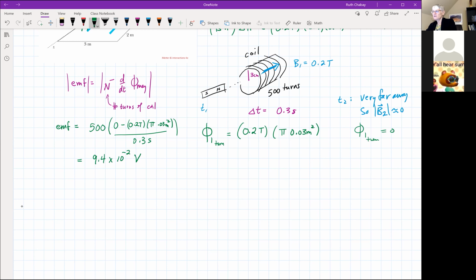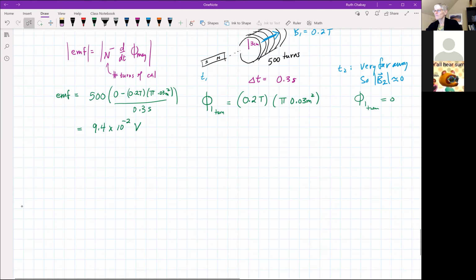Now, presumably, we could actually calculate the electric field in this wire, because this is the integral of E dot dl, that's the EMF. And so that would be equal to whatever the magnitude of the field is times the whole length of the entire coil. So the circumference of one turn times the number of turns.